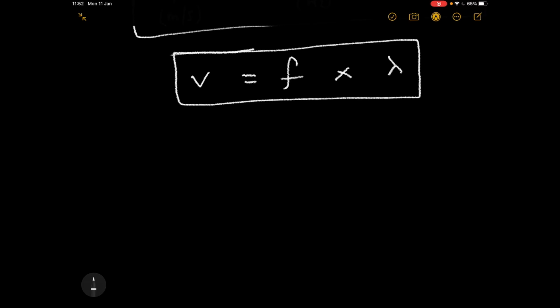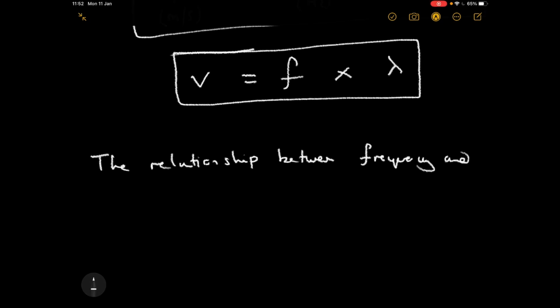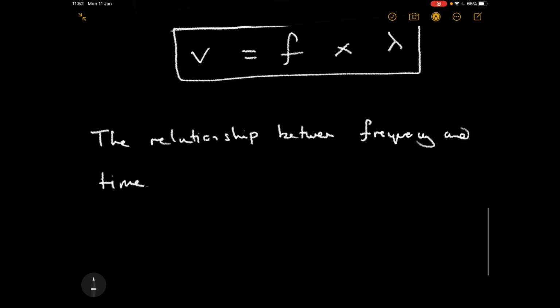This is an equation you have to remember, but we have to think of the relationship between frequency and time.